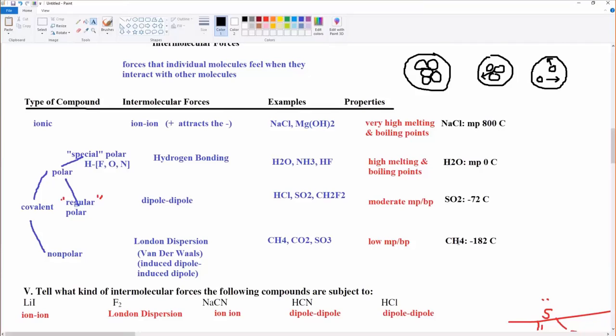And then, of course, the London dispersion is like, at room temperature, it's already a gas, and it's been a gas forever, right? Because even the boiling point of CH4 is quite low, right? Let's see, look that up. Oh yeah, the boiling point is negative 161.